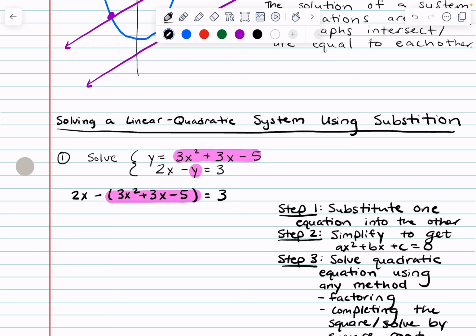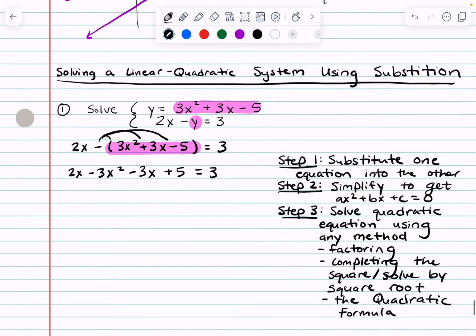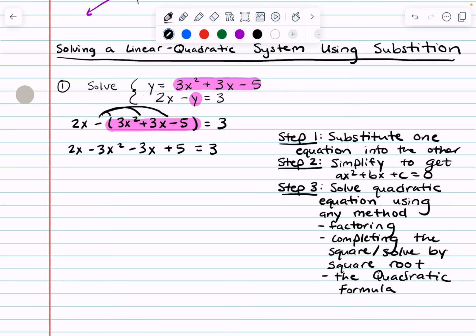And if I go ahead and simplify that, I'm going to distribute that negative sign. So I have 2x minus 3x squared minus 3x plus 5 is equal to 3. Now I'm going to combine like terms.